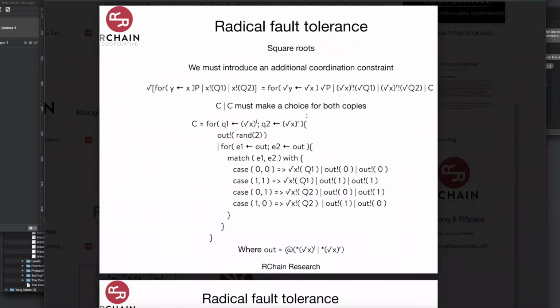And because they both got through, that means we have out, par, out, right? Right, which means that it could be out of 0, par out of 0; out of 1, par out of 0; out of 0, par out of 1; or out of 1, par out of 1, because this is a random number.